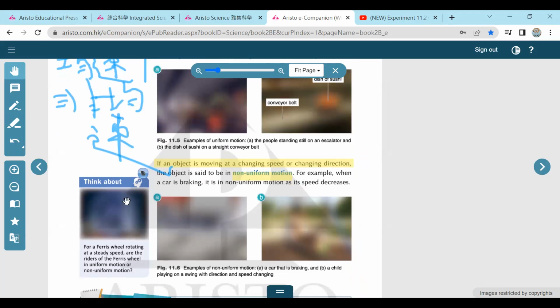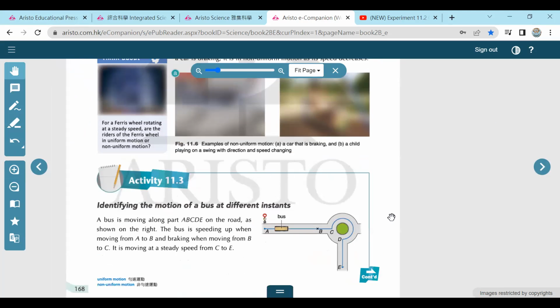For example, when a car is braking, it is in non-uniform motion because its speed decreases.